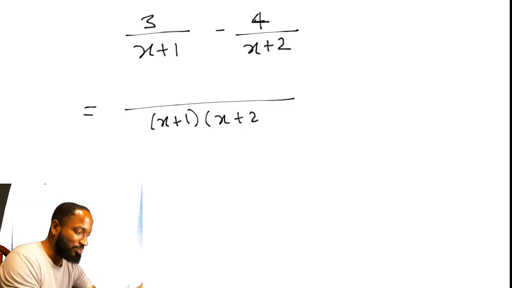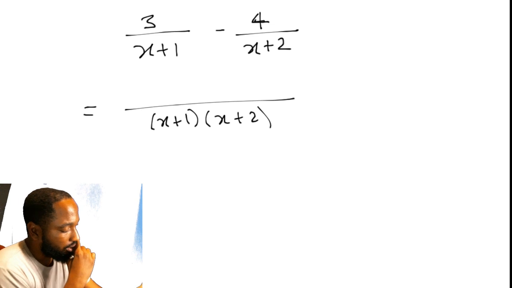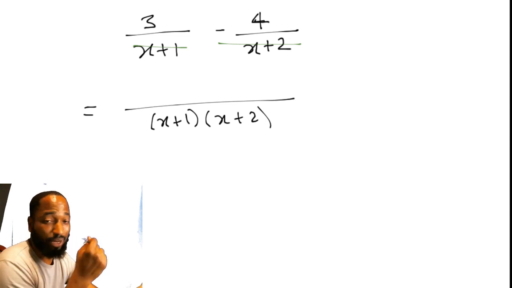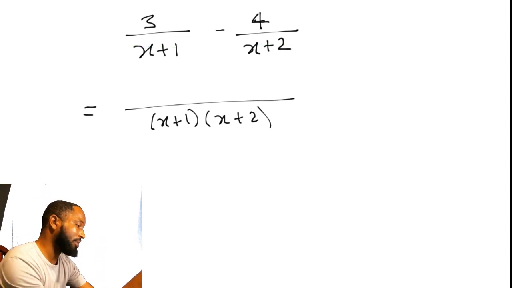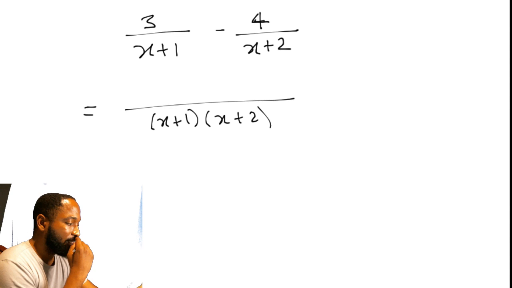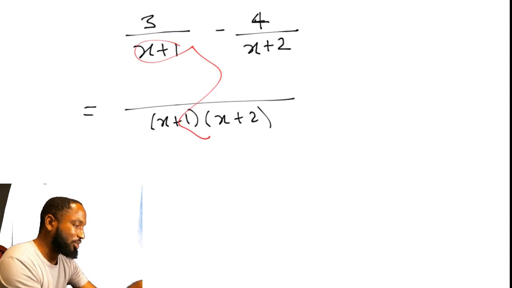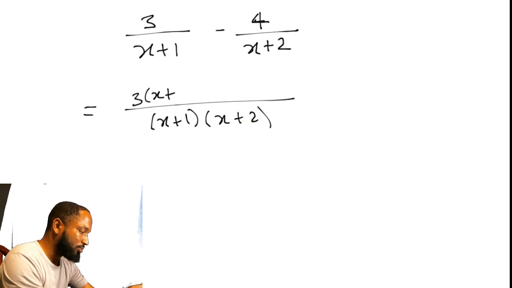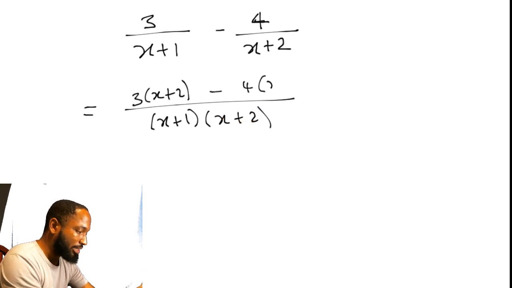X plus 2. So it's always multiplying these two by each other. We catch the hang of that. You start to get that into your system now. Multiply them two by each other. It doesn't matter what, just multiply them two by each other. Then you say this into that. So it will be 3 by x plus 2, take away 4 by x plus 1.